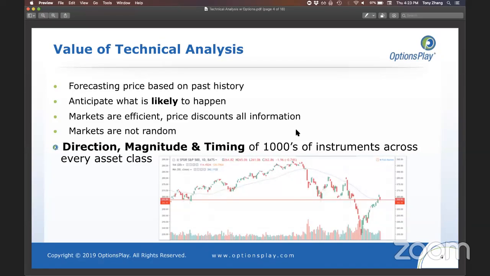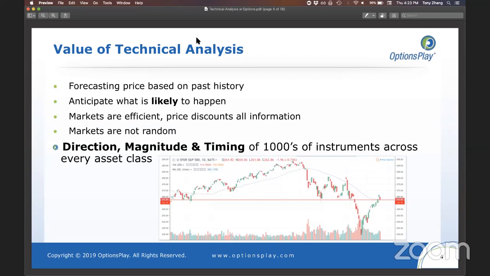So for those of you that are more fundamental based or maybe statistical based, you might find technical analysis is very useful for helping you time your trades. So let's go ahead and see. Looks like 85% of you use technical analysis, 10% of you say you use other forms of analysis, and 6% of you say I'm not sure.